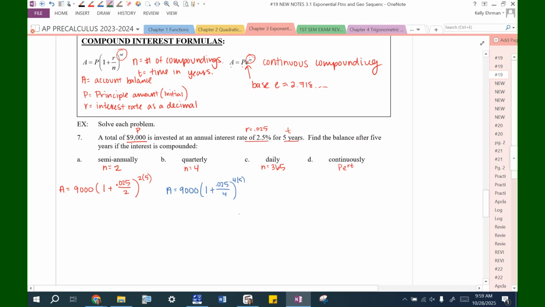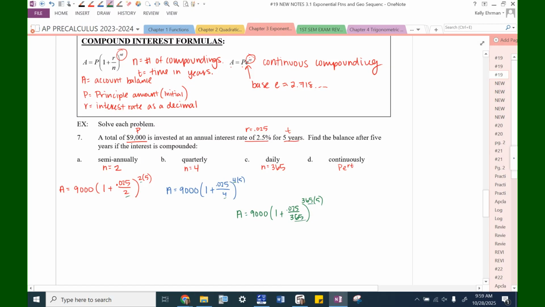This one is going to be A equals 9,000 times (1 plus 0.025 divided by 365) to the 365 times 5. The last one I'll do in a second, but these three, in Desmos, I will only have to adjust the 2 places where n changes.